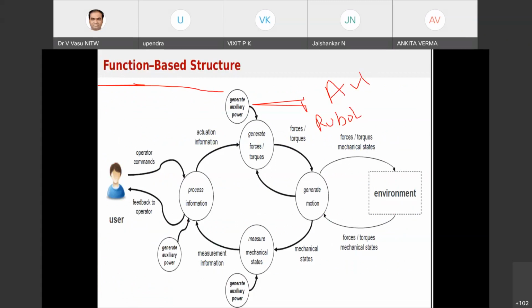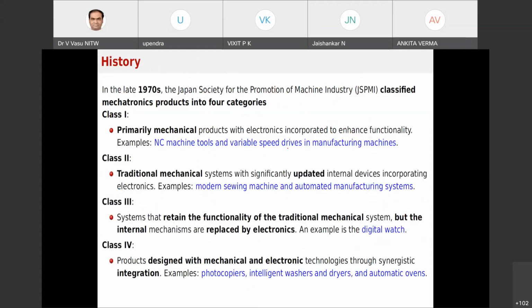We give commands to the robots, and those commands are executed in the environment where it is working, and from that environment we get the feedback, and accordingly we give further commands. So this is called a function based structure. These are the two important use cases where mechatronics is mainly used.